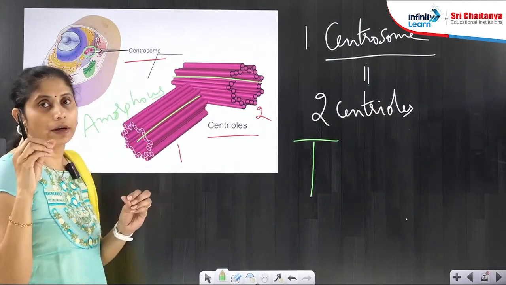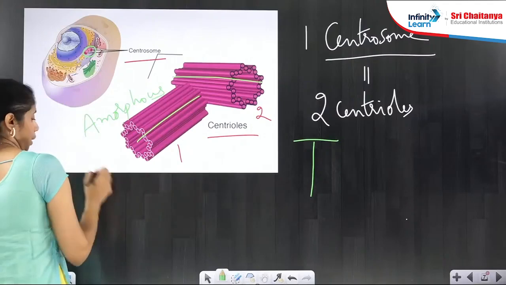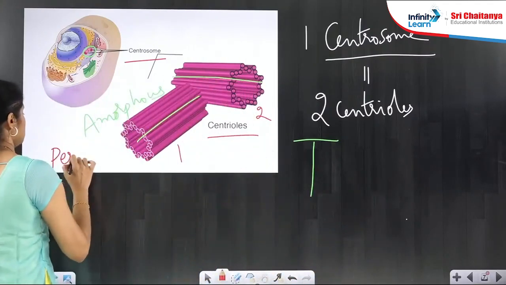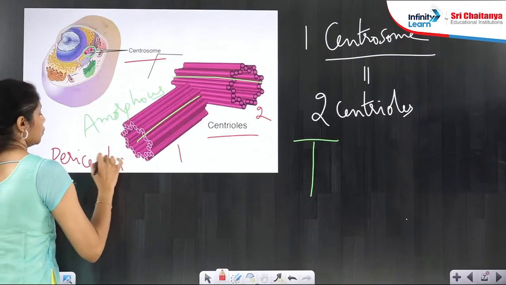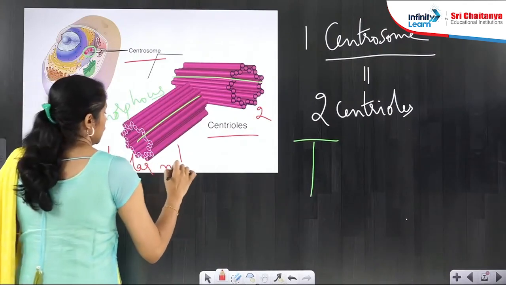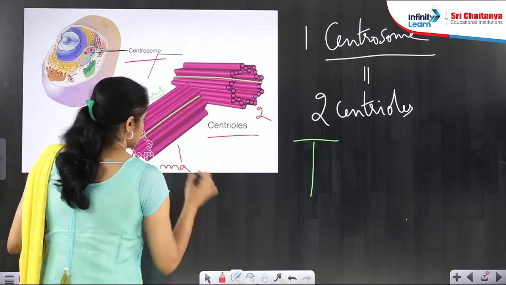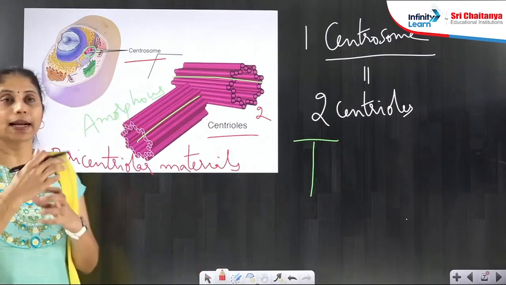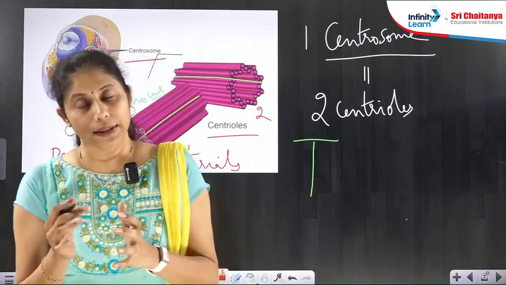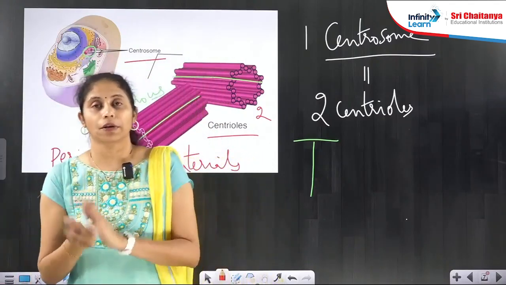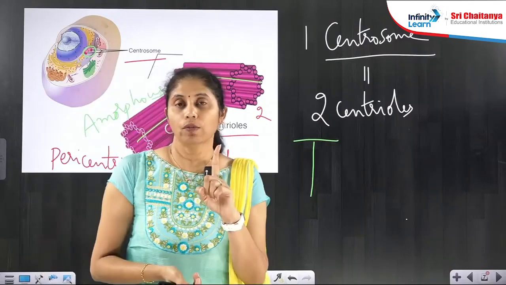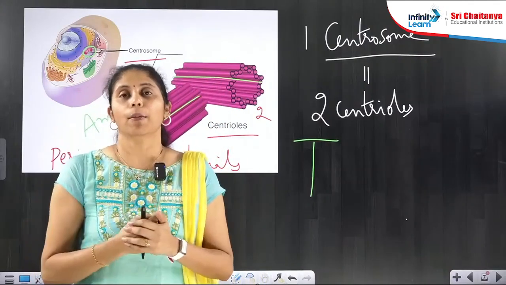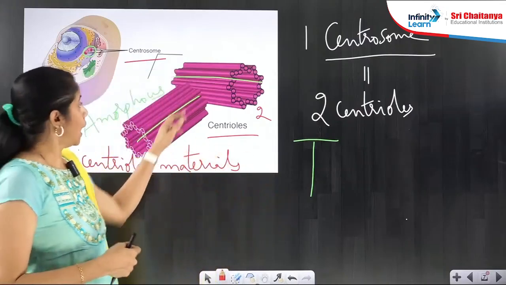Amorphous means powder-like. One centrosome will have 2 centrioles, each surrounded by amorphous pericentriolar materials.